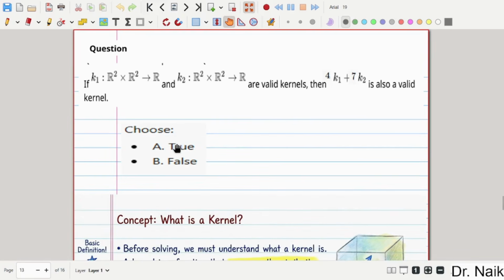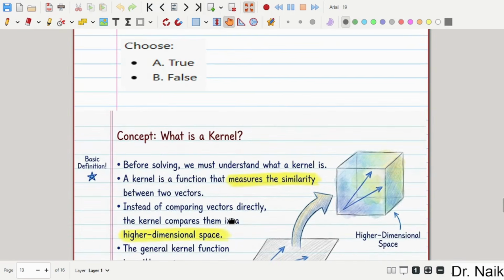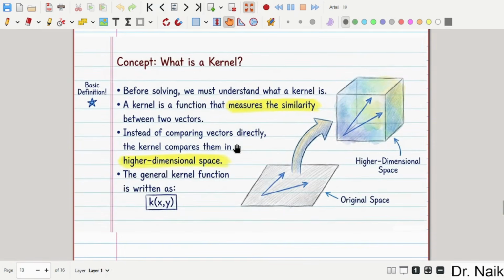The options given are true or false. Now understand the concept of a kernel. A kernel is a function that measures the similarity between two vectors. Instead of comparing the vectors directly, a kernel compares them in a high dimensional space. The general kernel function is written as k of x, y.